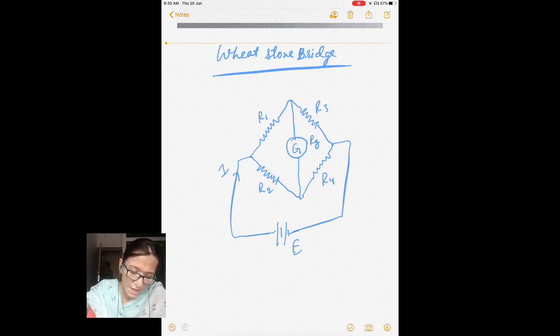So the I will be separated into parts I1, I2, and further the I will be divided into Ig. So I1, and here you have I3.